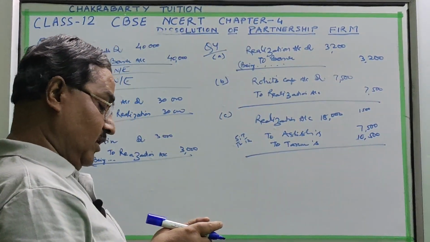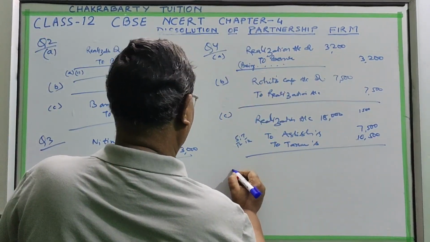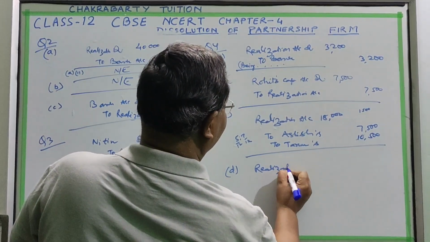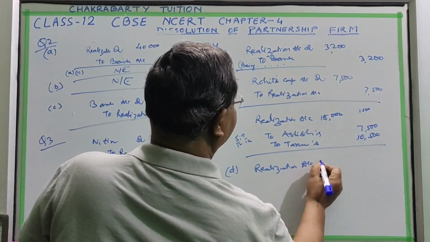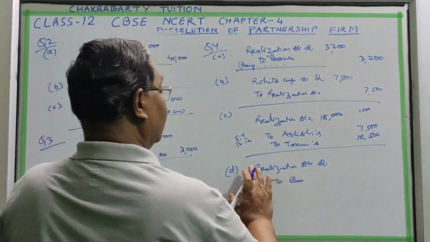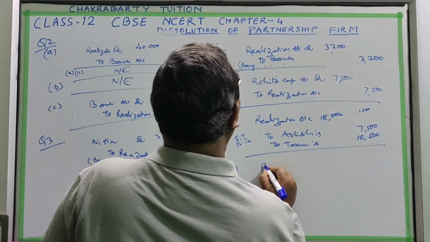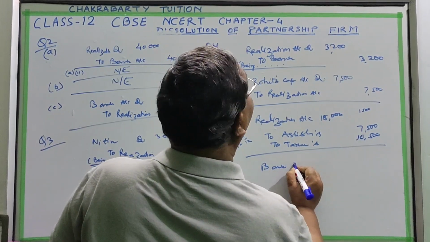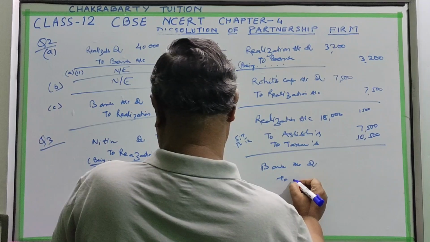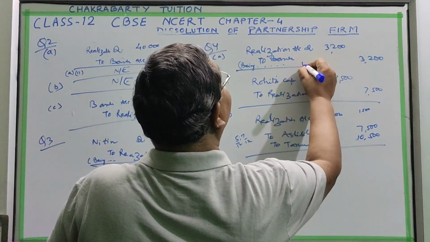D. An unrecorded asset, again like this. So realization account debit, and bank money will come, so bank account debit to realization account. Here it is expenses.